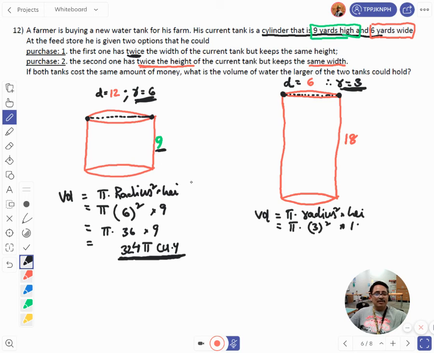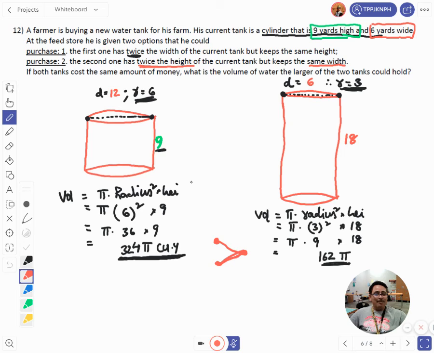H is 18. 3 square, that is 9. 9 times 18. 9 eights are 72, 9 ones are 9 plus 7, 16. So 162 pi. Obviously 324 is more. This has more capacity than the second one.